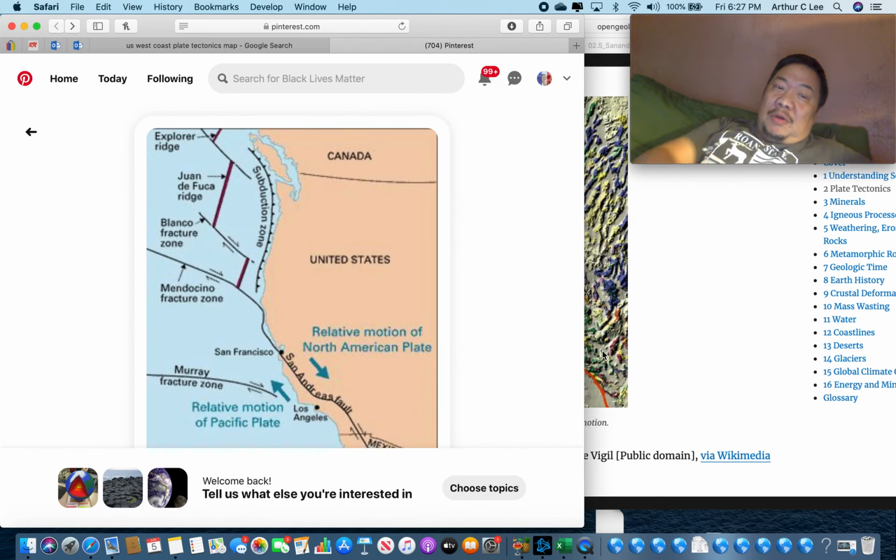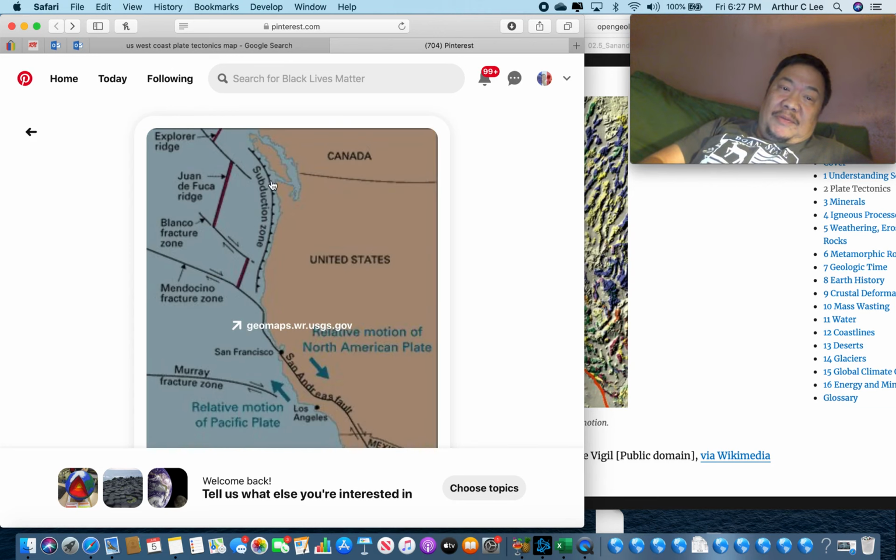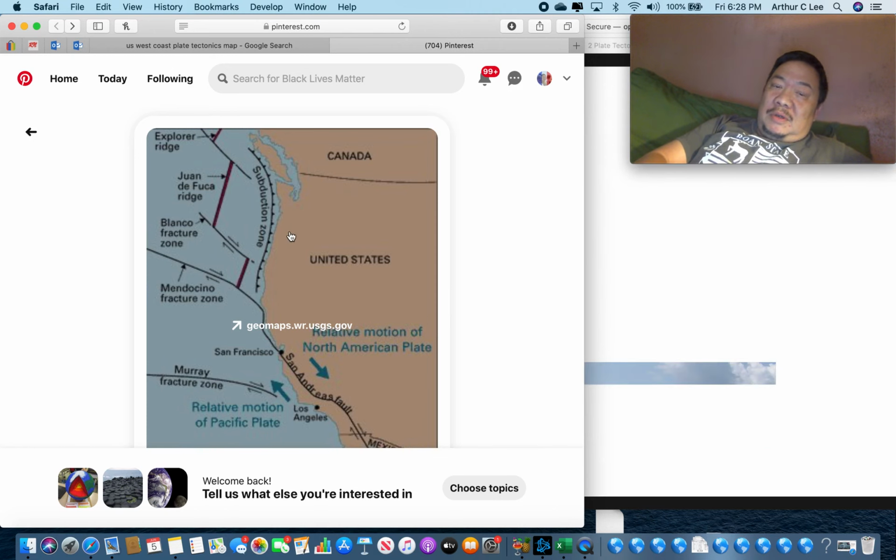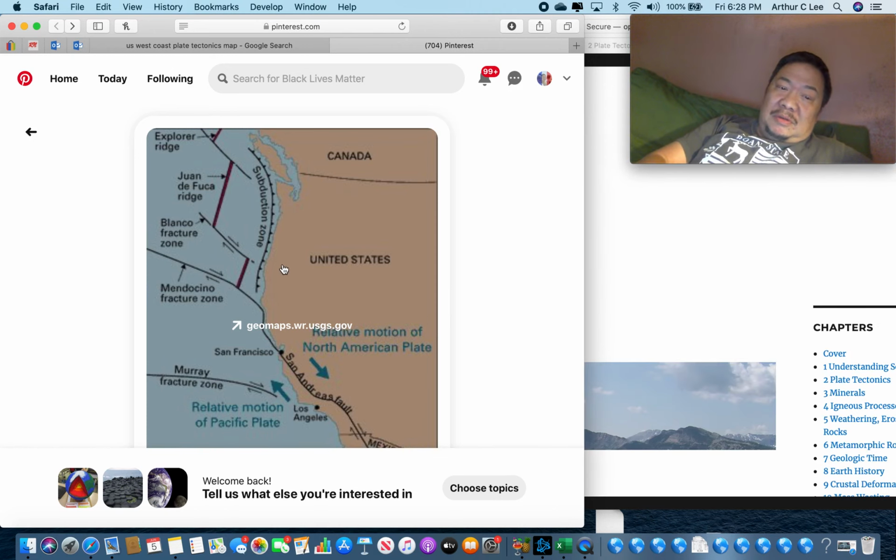This map shows that in the Pacific Northwest, going from Washington, Oregon, and Northern California up to Victoria Island in the British Columbia province of Canada, we've got a subduction zone, so there's a deep ocean trench that produces the volcanic arc in our Pacific Northwest, otherwise known as the Cascade Mountains.